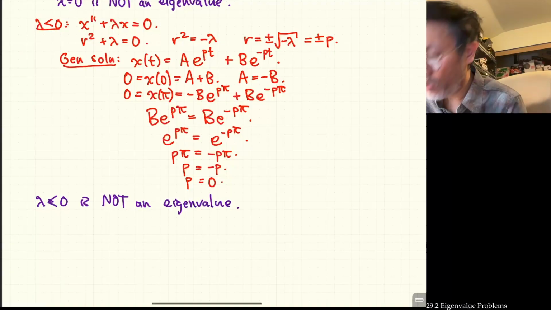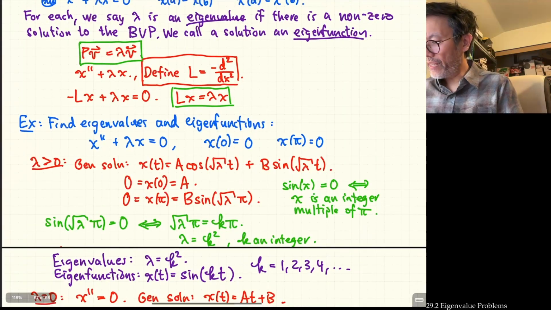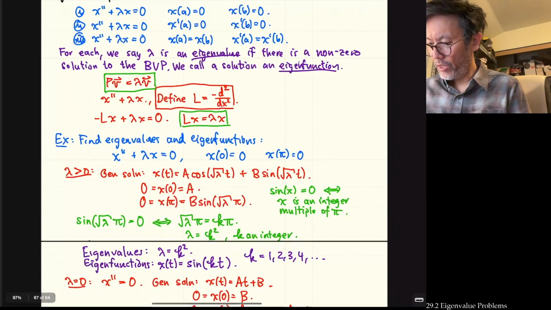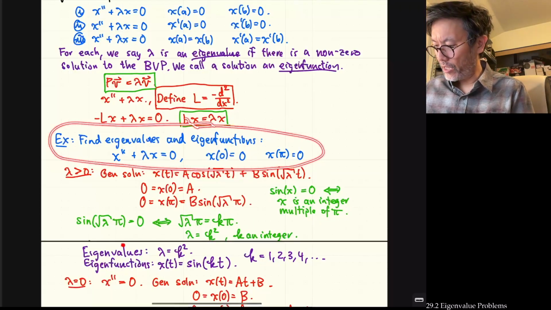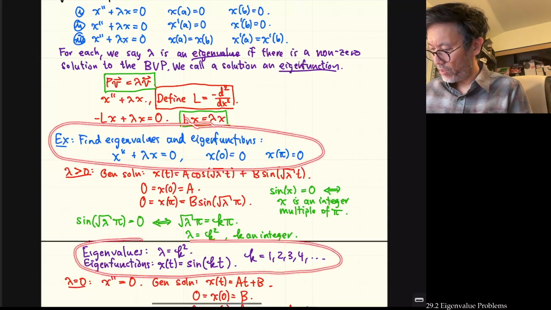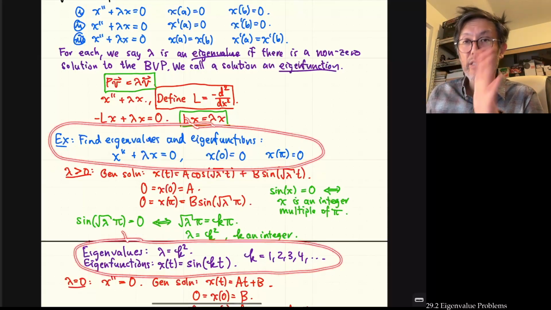And we did it. We solved this eigenvalue problem. For this eigenvalue problem, we found the complete set of eigenvalues and associated eigenfunctions. Here they are. The eigenvalues are when lambda is a square of an integer.